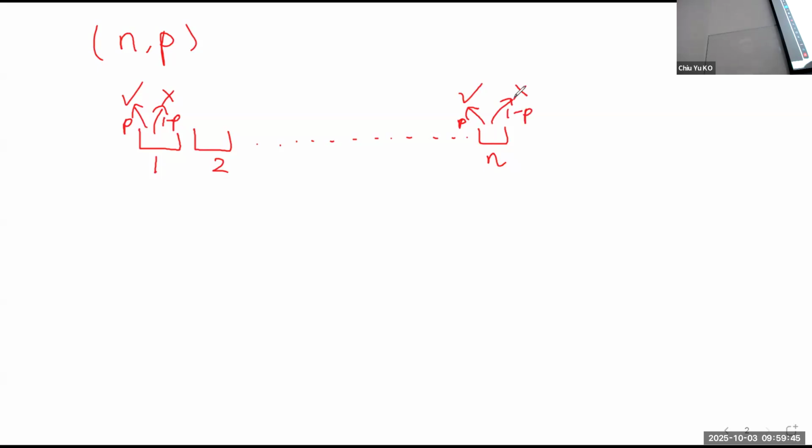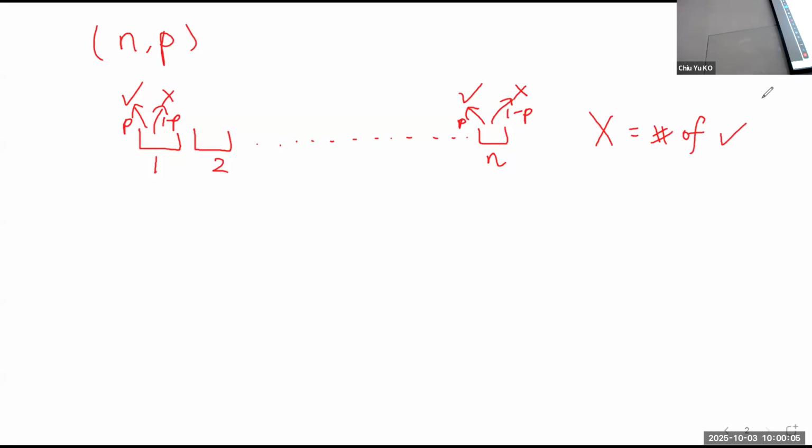So this is the binomial. X is just the number of ticks, the number of successes, right? And it applies to many scenarios, as long as you believe that the future is like this.